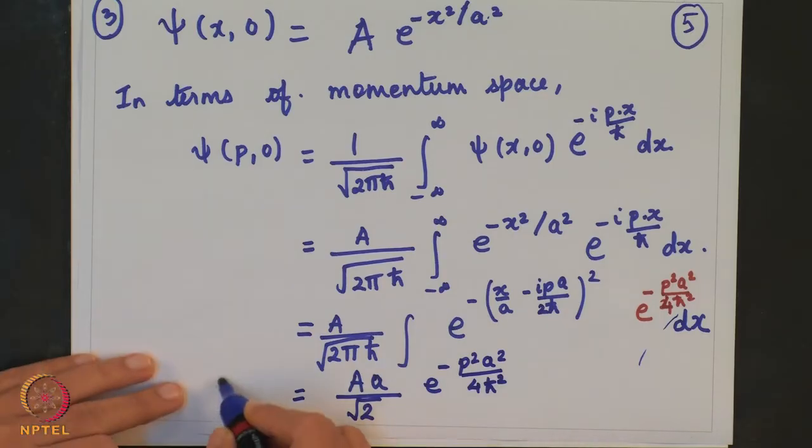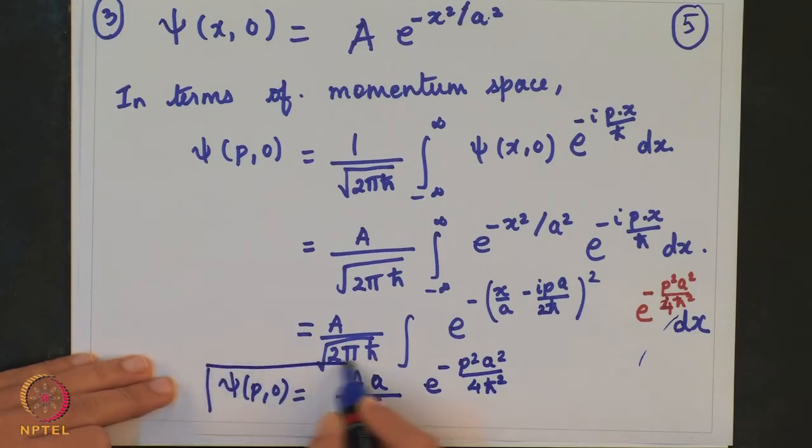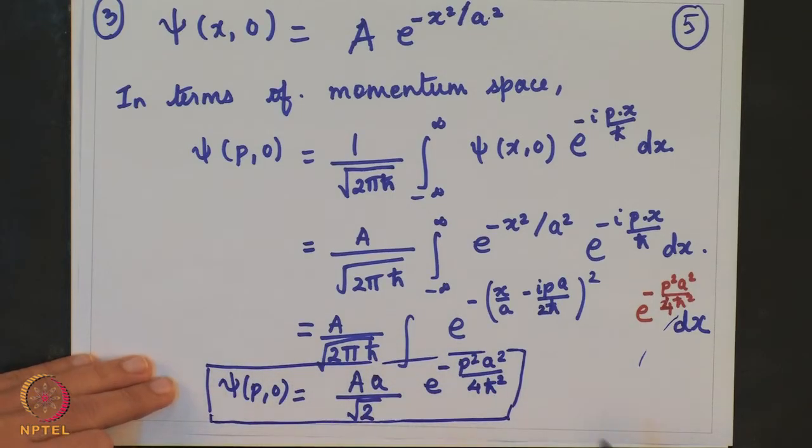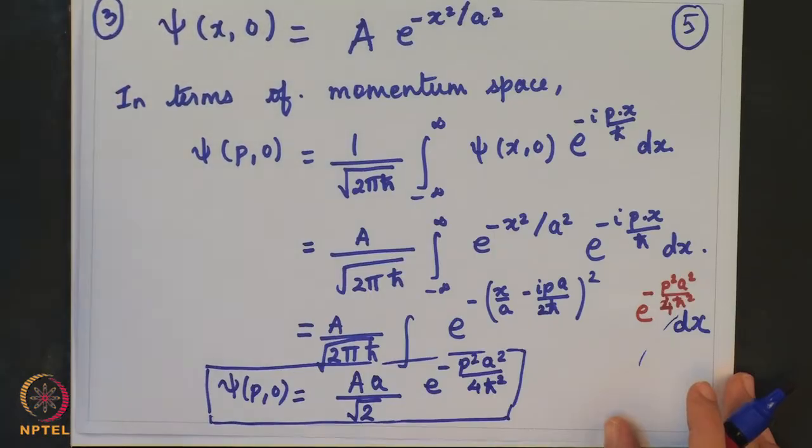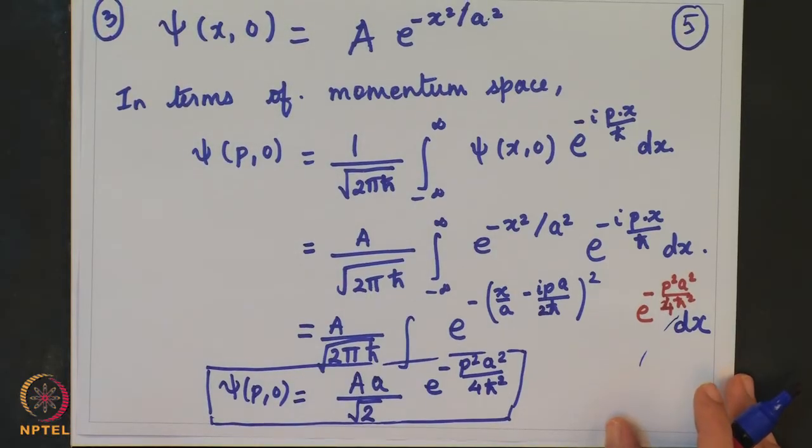Okay, so this is what we get for the wave function of a particle in momentum space. Remember this. Next, we will write the time dependent Schrodinger equation, and we will come back to that expression.